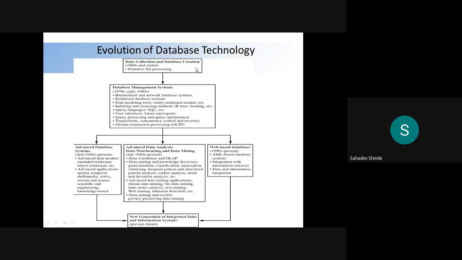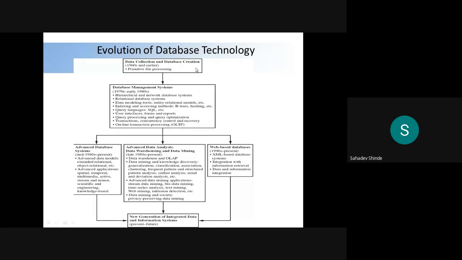By collecting all these three types, we are going to create only one database, which is called a new generation of integrated data and information systems.